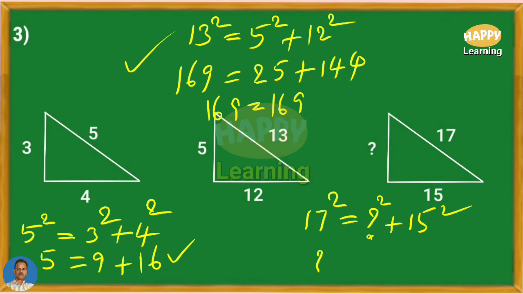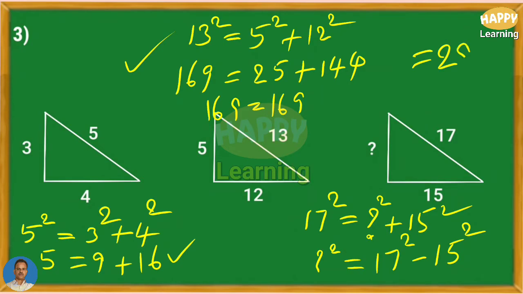So question mark square is equal to 17 square minus 15 square. That is equal to, I will write here, 17 square is 289 and 15 square value is 225. 9 minus 5 is 4, 8 minus 2 is 6, 2 minus 2 is 0.